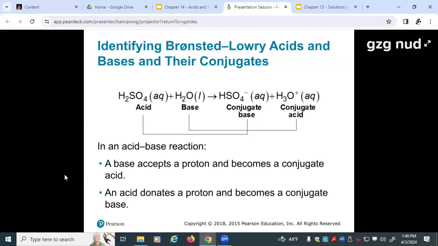This is something known as a conjugate pair. Conjugate pairs come as a result of these acid-base reactions, where they'll act as an acid on one side and as a base on the other side, based upon their ability to gain or lose that proton. So we'll talk more about that. That's where we'll start on Friday.